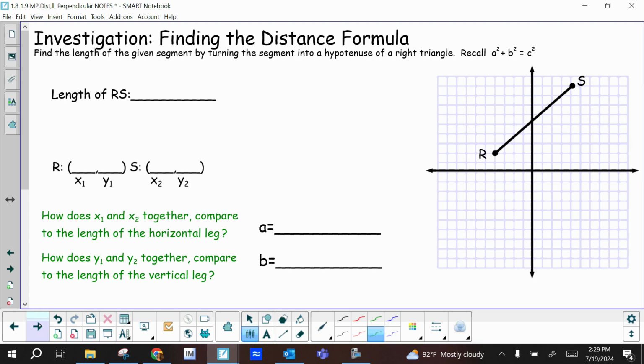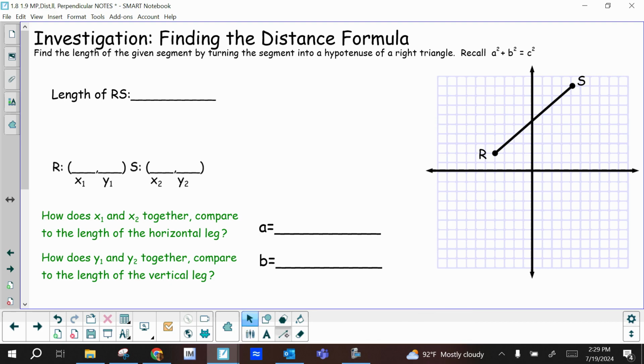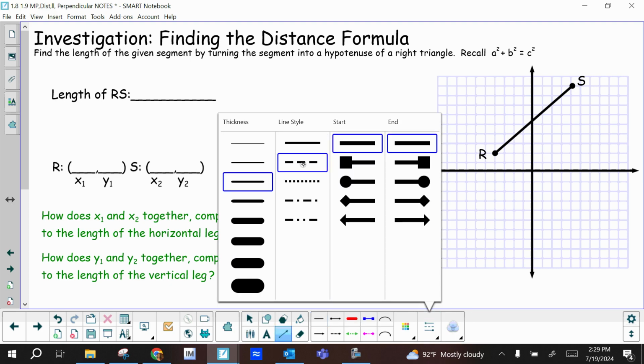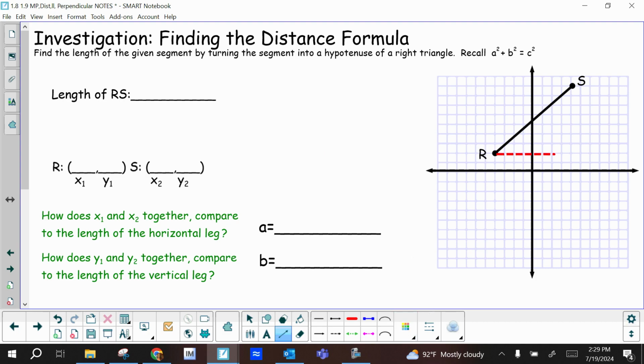So let's do that. I'm going to go ahead and make a right triangle here. Let's use red for the leg. So let's make it going like this and coming down right there.